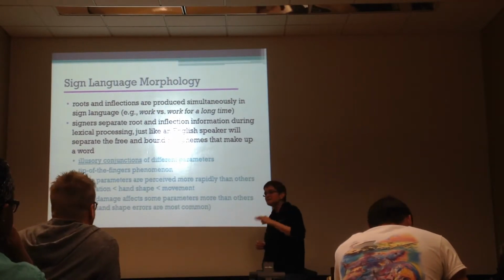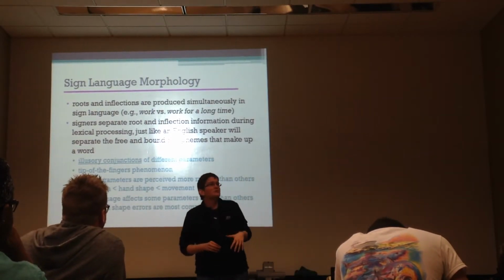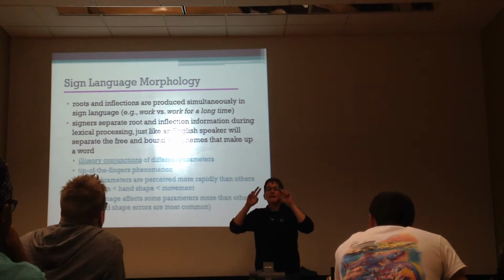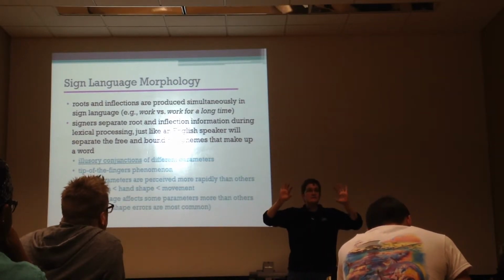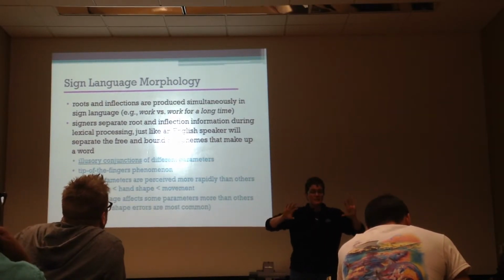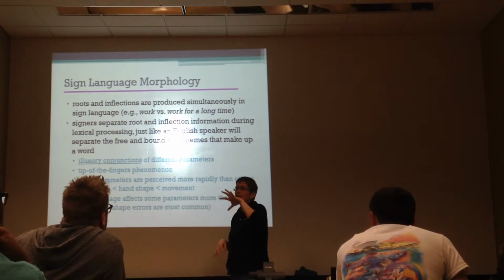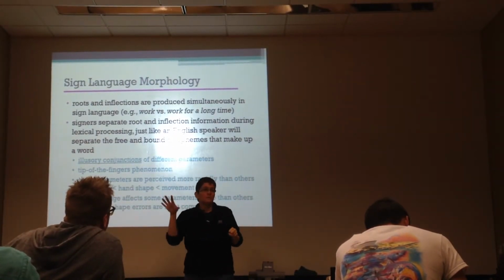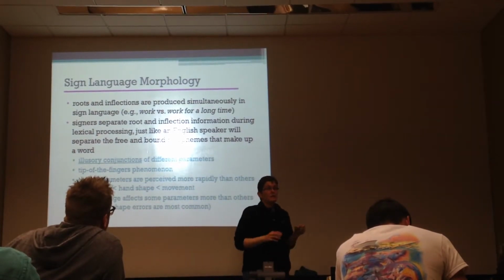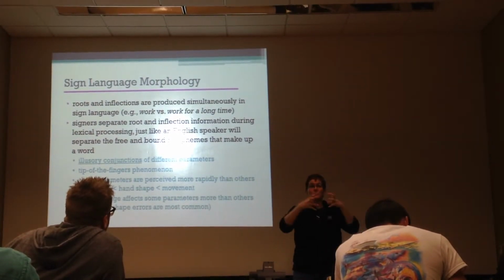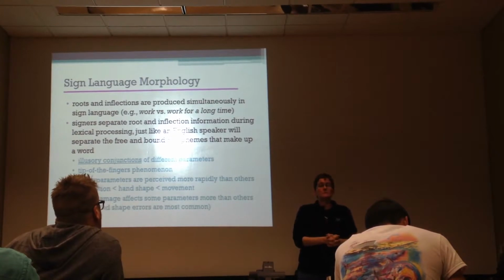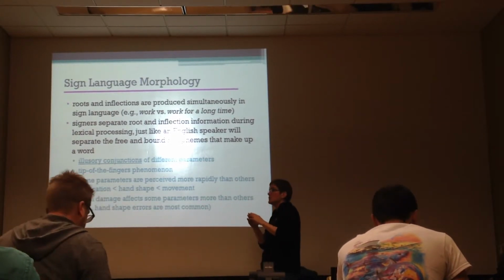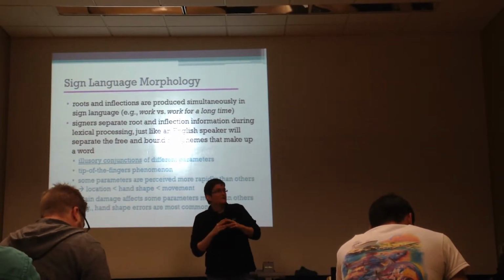When signers watch other people signing, their brain processes the different parameters separately. Okay, so they process the free morpheme part of the sign and the bound morpheme part of the sign separately. Even though they're occurring simultaneously in time, someone watching sign language actually separates them out.